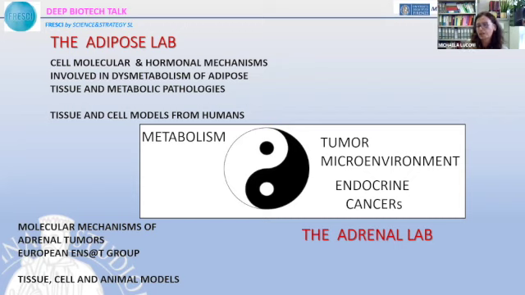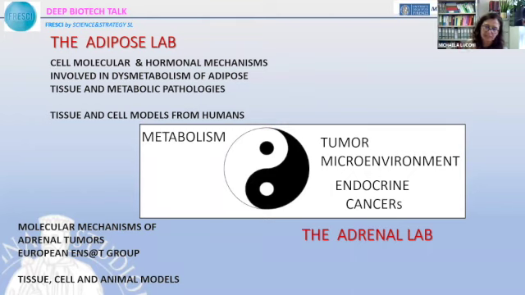So the types of adrenal tumors are very heterogeneous, with very poor knowledge about the mechanisms involved in their development. And again, our group is interested in developing cell and tissue models to study this peculiar type of endocrine tumors.